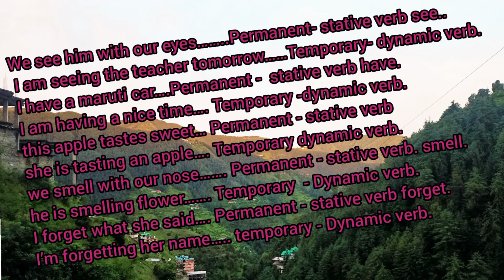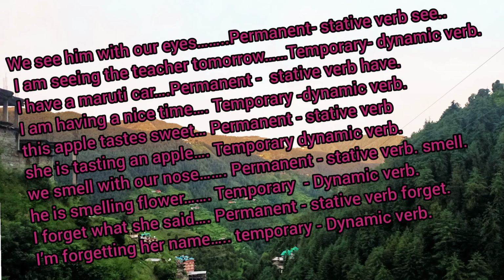I'm seeing the teacher now, this is the temporary dynamic verb. I have a Maruti car, this is a permanent stative verb, have, right? I'm having a nice time, temporary, having a nice time, it's a temporary dynamic verb here. Next one is: this apple tastes sweet, permanent stative verb. And she is tasting an apple, temporary dynamic. Okay, we smell with our nose, it's a permanent stative verb, smell here.